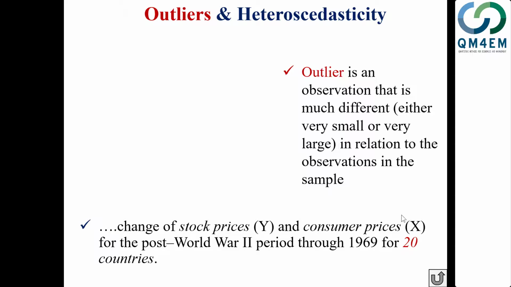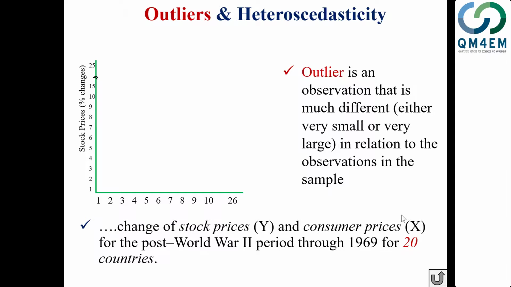So consider here an example of stock prices and consumer prices. The stock prices are represented with Y and the consumer price index with X, for the post-World War II period, for 1969, and for 20 countries. So let me show that graphically. On the y-axis we have stock prices, and on the x-axis we have the consumer prices, the x variable.